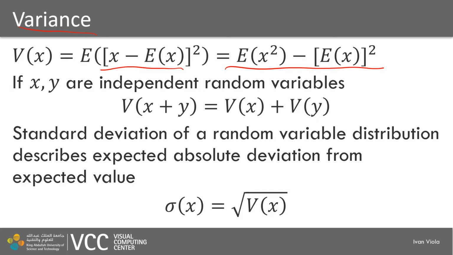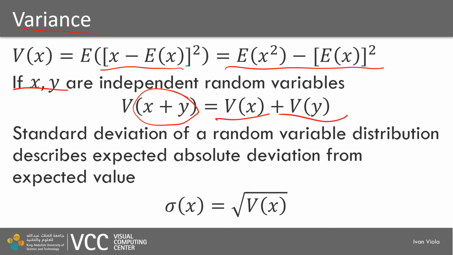If x and y are random variables and they are independent from each other, then the variance of these two random variables is equal to the sum of their individual variances.